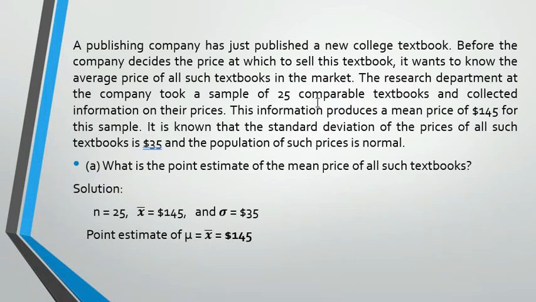This information produced a mean price of $145 for the sample. It is known that the standard deviation of the price of all such textbooks is $35, and the population of such prices is normal.